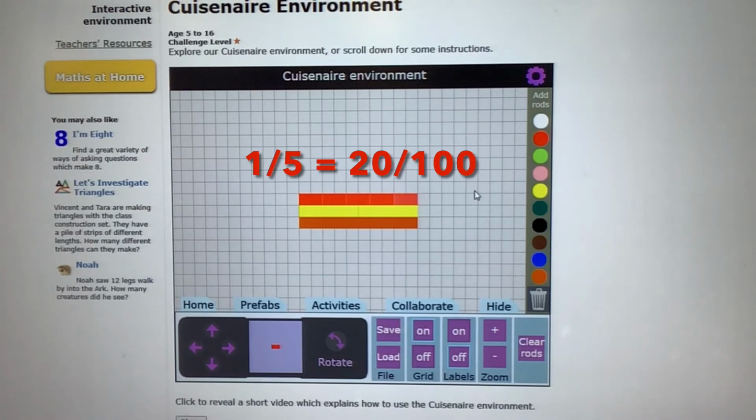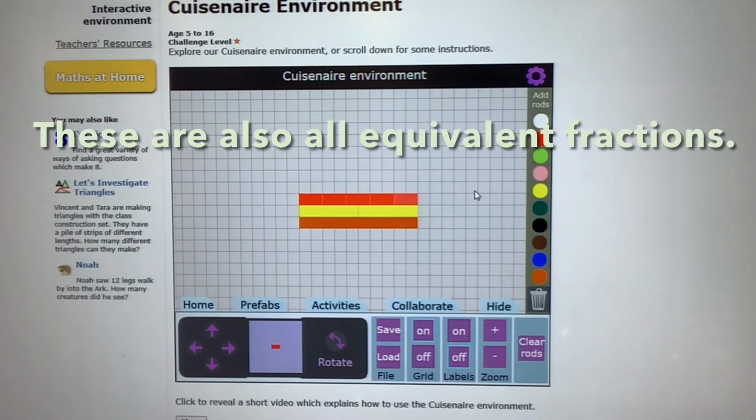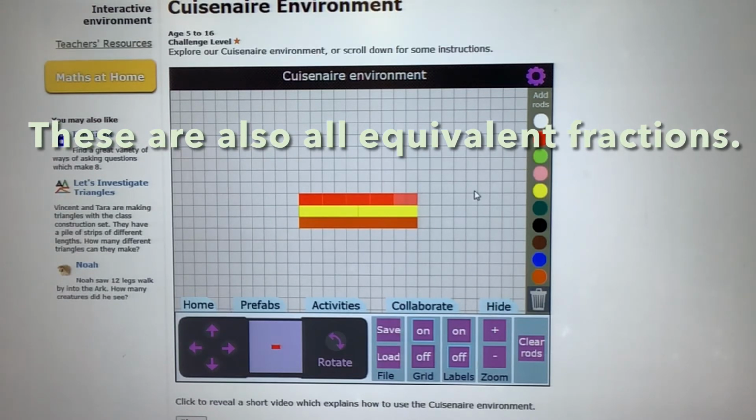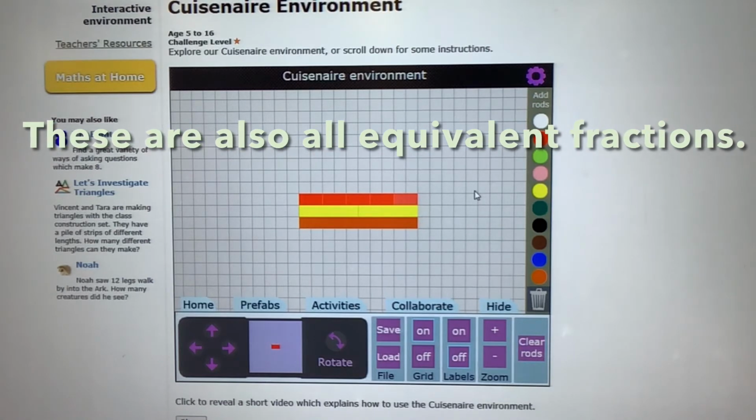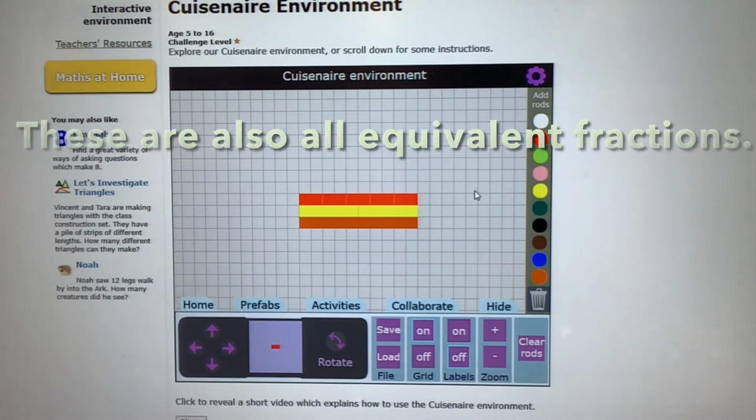That's right. 20. 5 times 20 is 100. So each one of these reds is 20 hundredths. We can say this is the same as 2 tenths or 1/5. 1 red out of 5 reds.